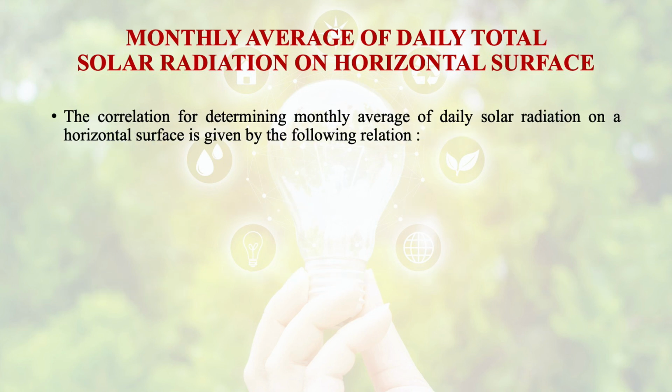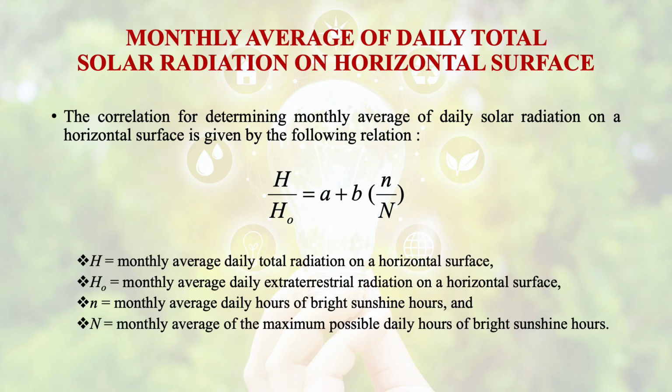The correlation frequently used for determining the monthly average of daily solar radiation on a horizontal surface is given by H by HO is equal to a plus b n by N, where H is the monthly average daily total radiation on a horizontal surface, HO is the monthly average daily extraterrestrial radiation on the horizontal surface, small n is the monthly average daily hours of bright sunshine, and capital N is the monthly average of maximum possible daily hours of bright sunshine.